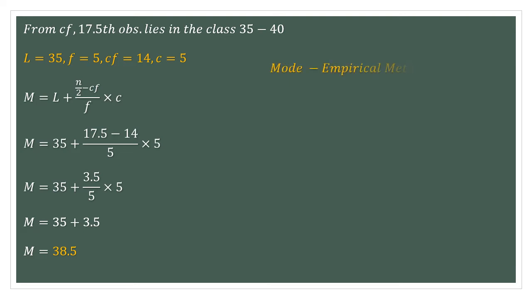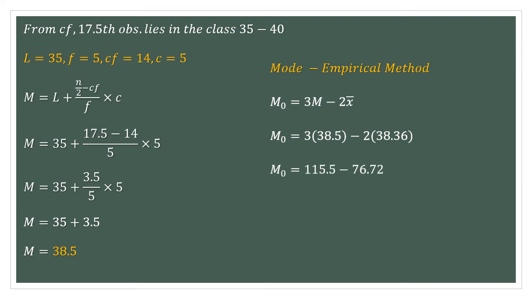Next we have to calculate mode using the empirical method. Now mode is 3 median minus 2 x bar. That's the formula of the empirical method. So median is 38.5, that is into 3, minus x bar 38.36 into 2. When you simplify it, you get 115.5 minus 76.72, and that way the mode will be 38.78 hours.